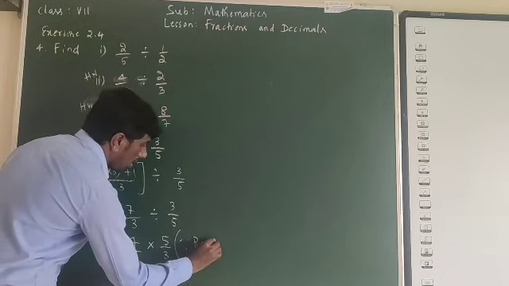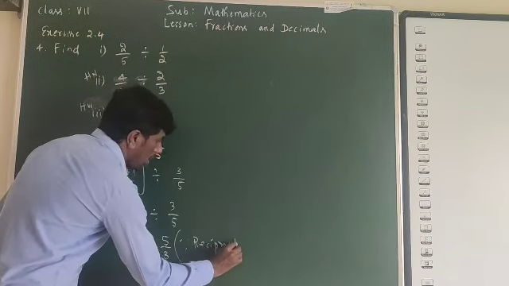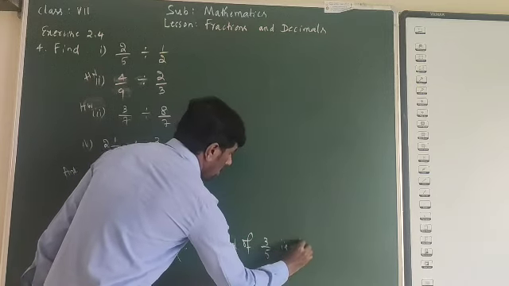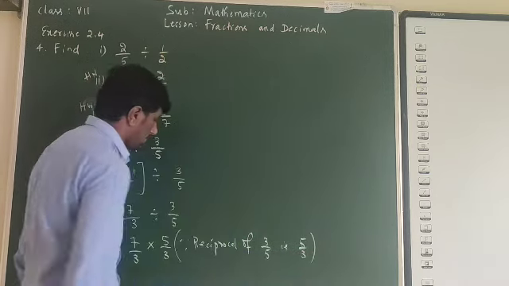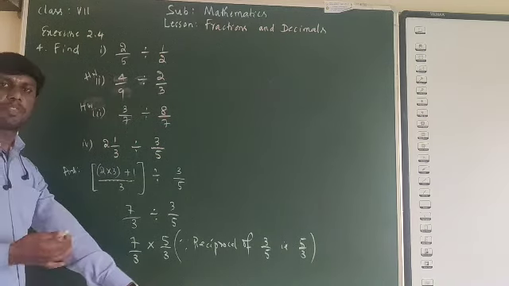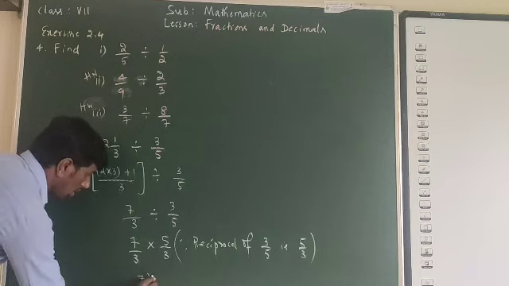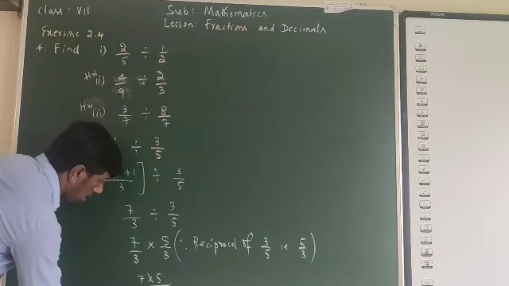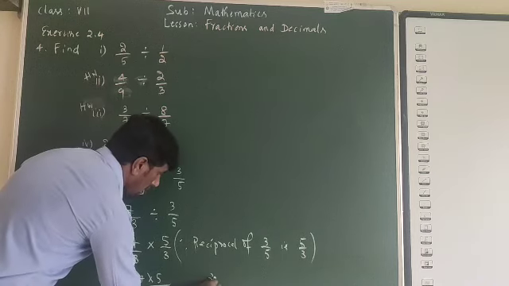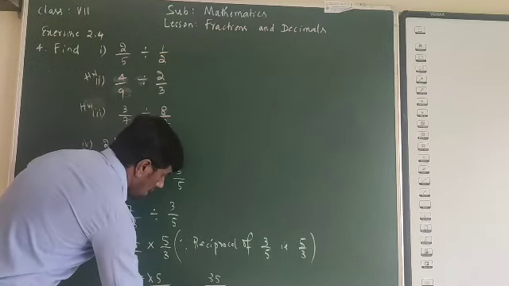This is a multiplication of a fraction by a fraction: 7 into 5 is 35, and 3 into 3 is 9.